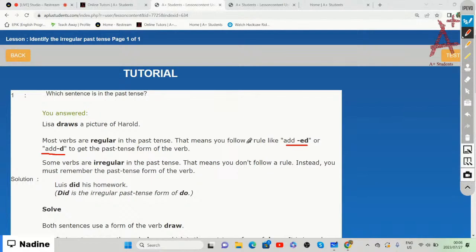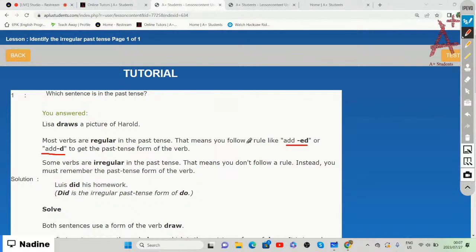Instead, you must just remember the past tense form of the verb, because some of the verbs or the wording basically changes completely. So it's not just a standard rule that we follow where the word still stays the same, right?